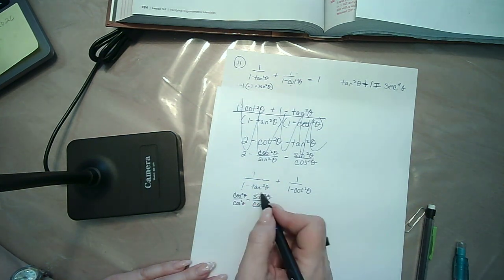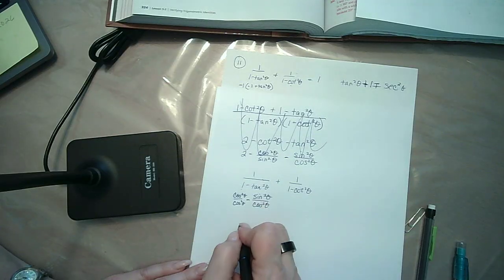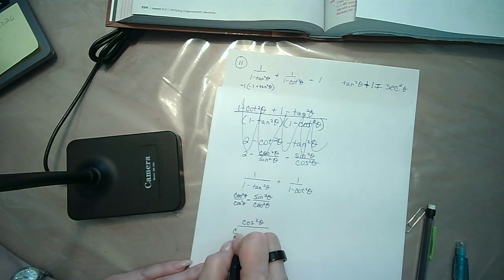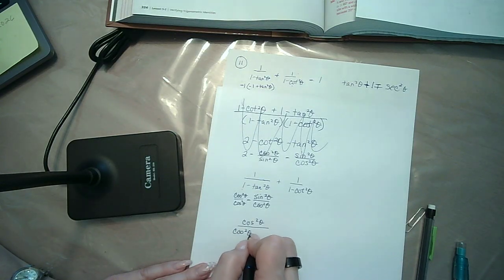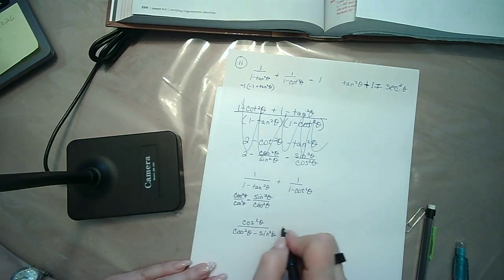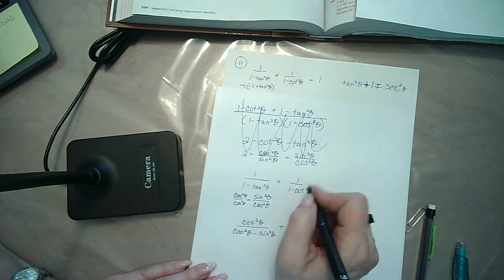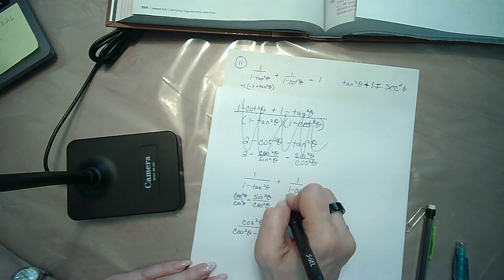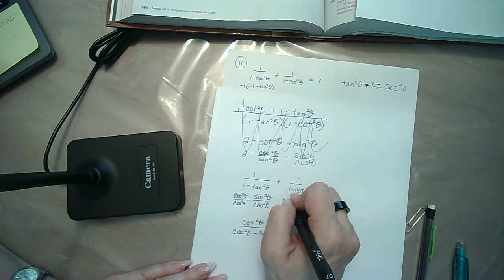Which, if I reciprocal this, this is going to be cosine squared theta over cosine squared theta minus sine squared theta plus, let's do the same thing here. This is cosine over sine, and this is sine over sine.